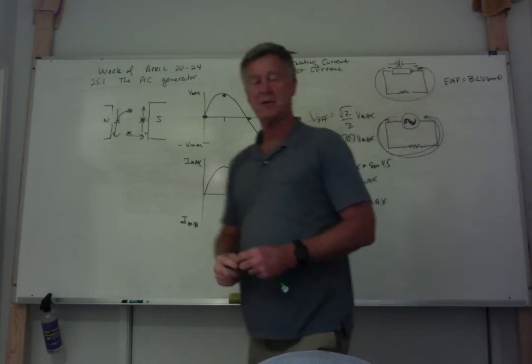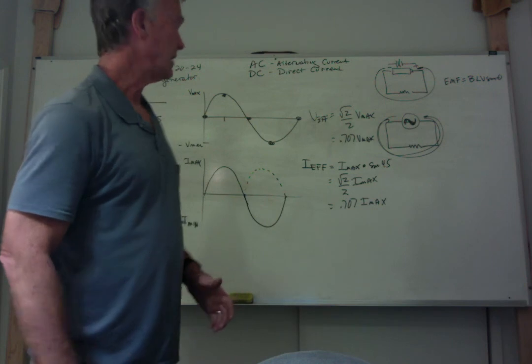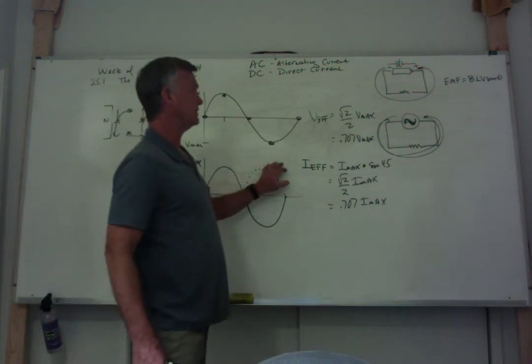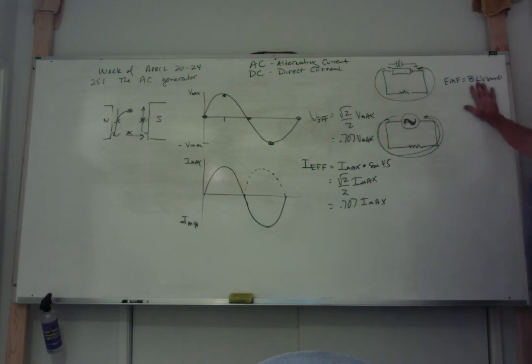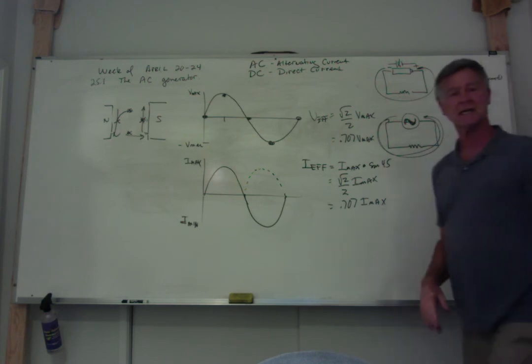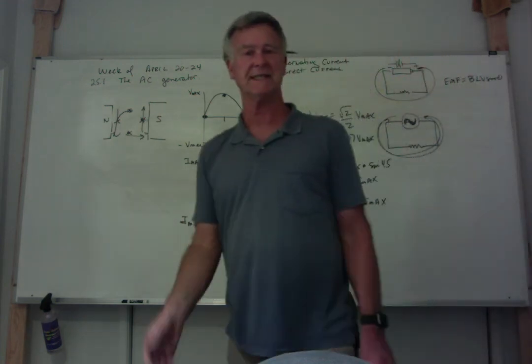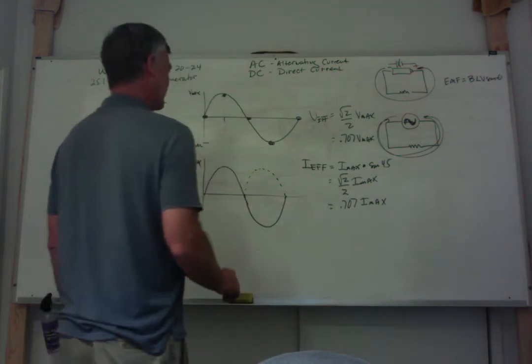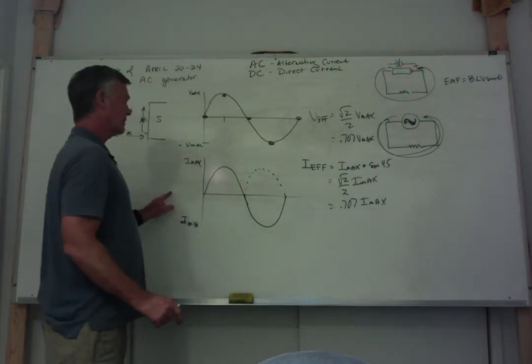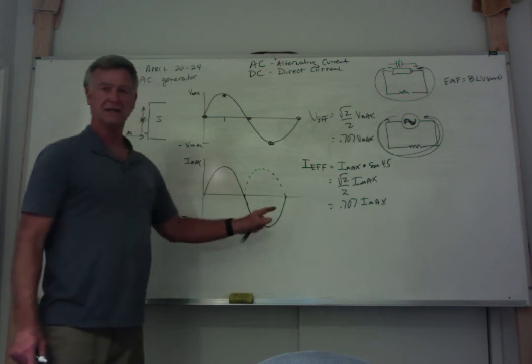Now, some of you might be panicking right now and saying, well, how in the world do I know what the maximum voltage is? Well, they would either give it to you or they would give you this information, and the maximum voltage is that right there. All right. And then the current is going to come. You're going to have to know what the resistance is. What's interesting, though, is that power is always a positive number.